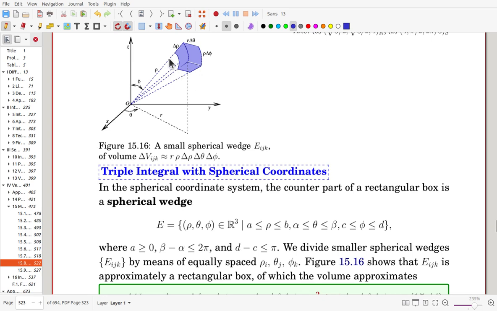Let's try to find the volume of this spherical wedge.